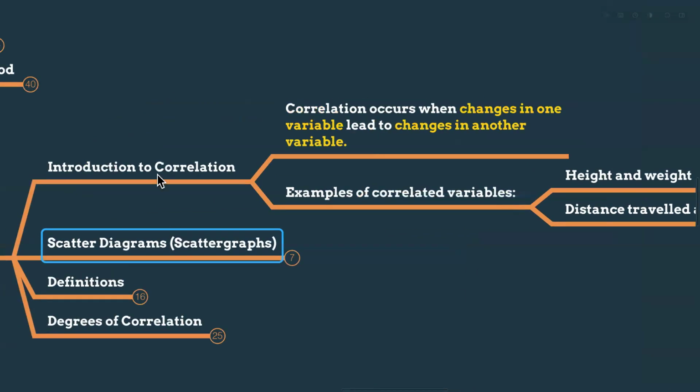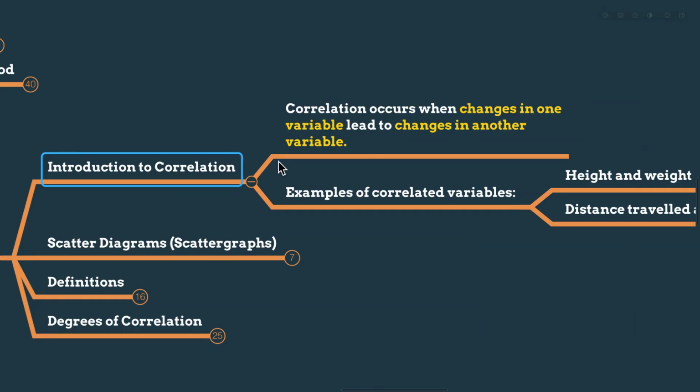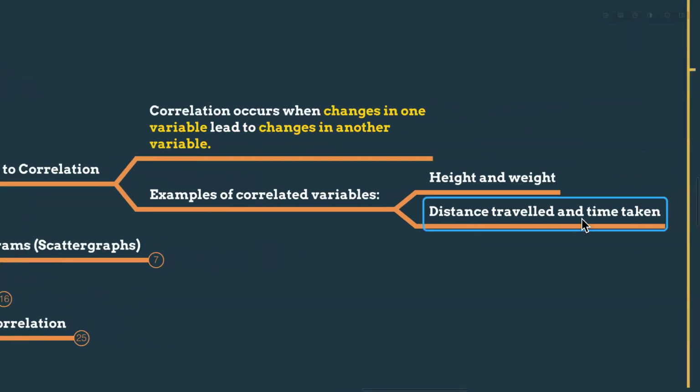Before we move to the scatter diagrams, the concept of correlation is that when one thing changes, the other thing tends to change too. If the height is going to increase, the weight also is going to increase or decrease. If you are going from 1 kilometer to 10 kilometers, the time is going to change.